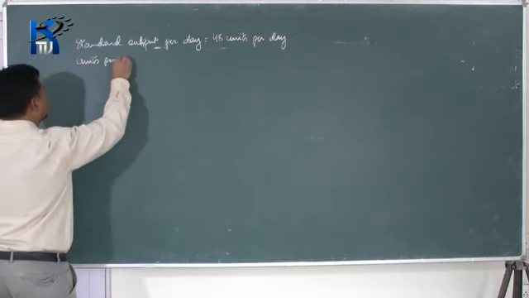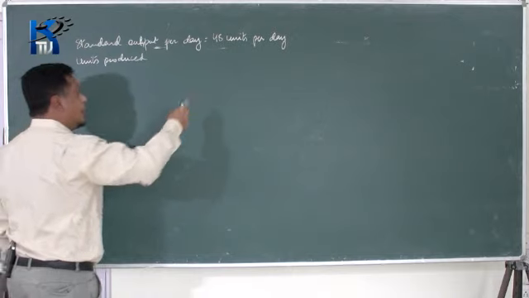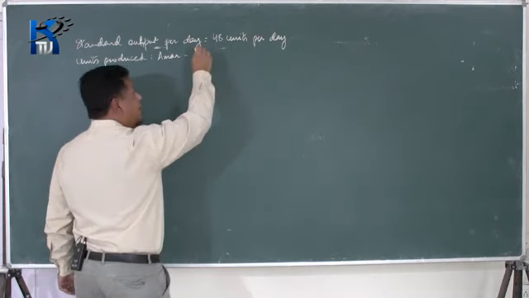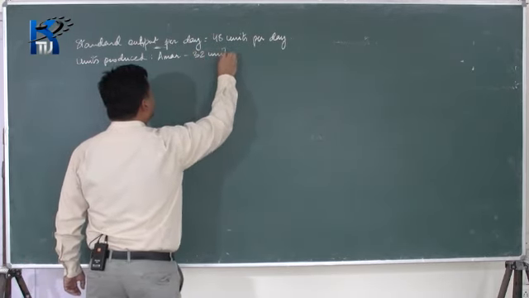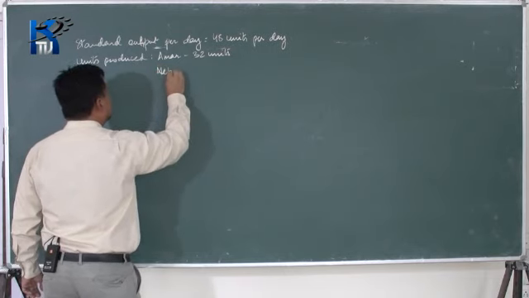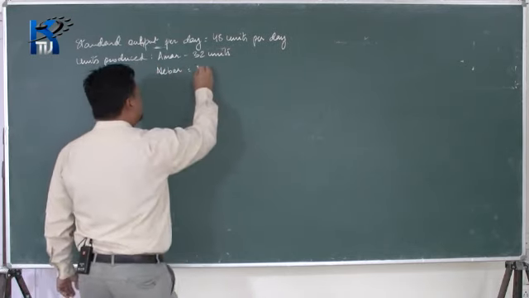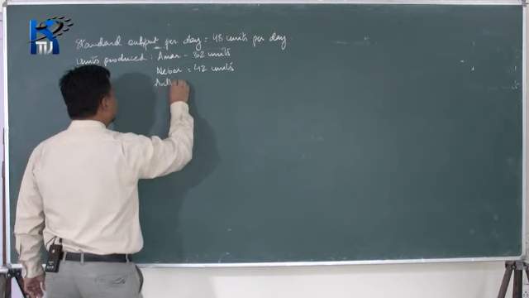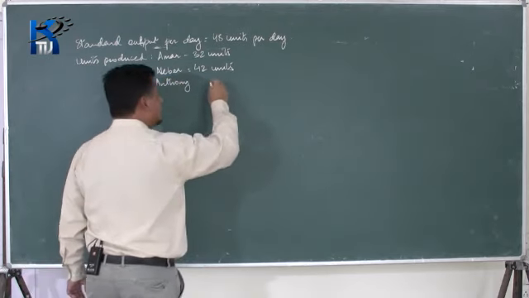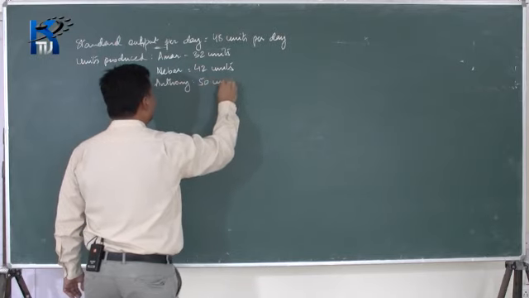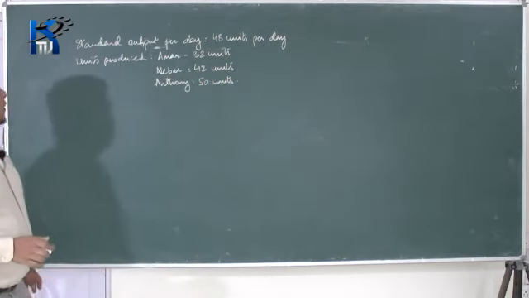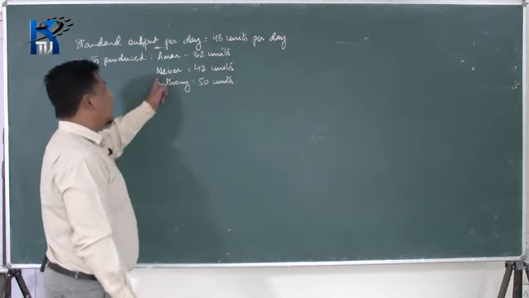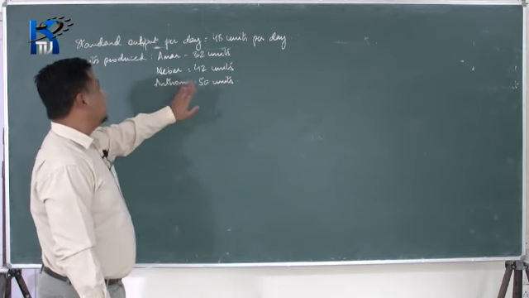Units produced: Amar 32 units, Akbar 42 units and Anthony 50 units. So the standard production was 48 units, Amar produced 32 units, Akbar produced 42 units and Anthony 50 units.